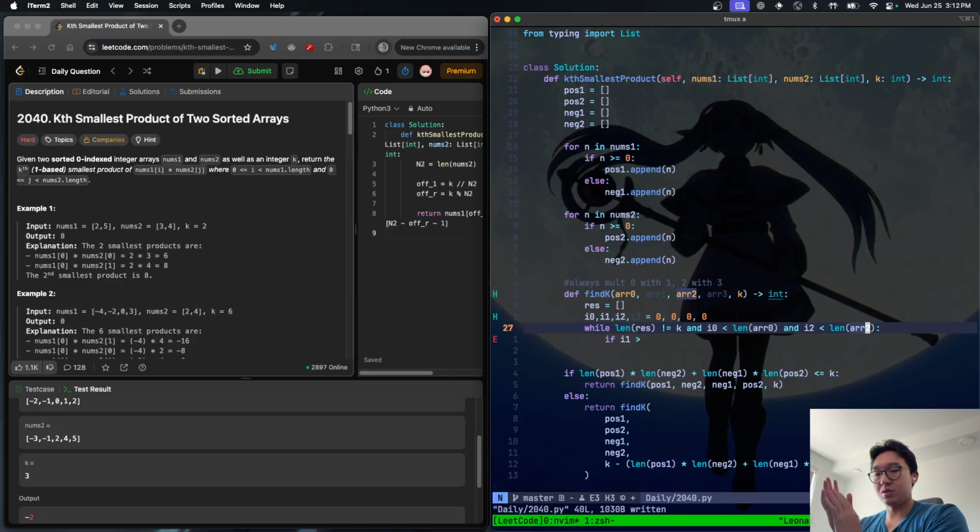Okay, so the two arrays that we started multiplying, yeah, they're sorted, right? Okay, yeah, they're sorted.